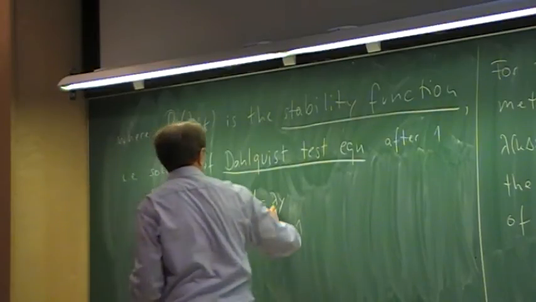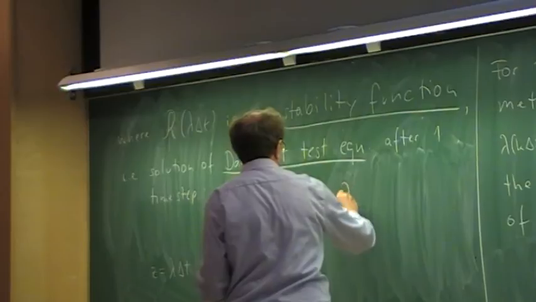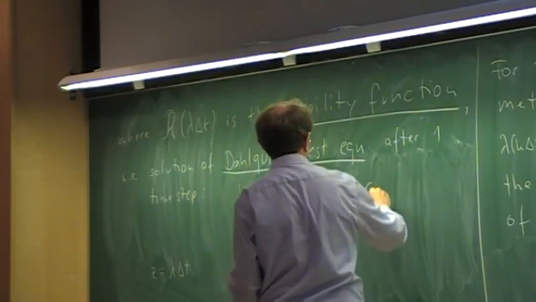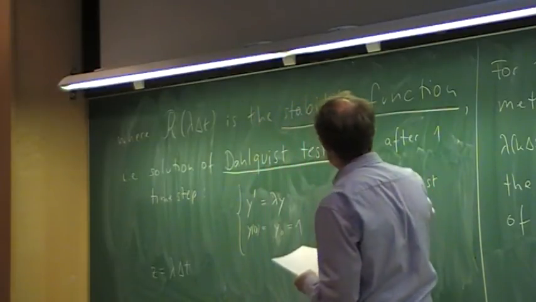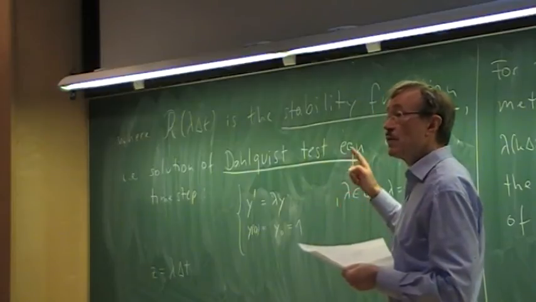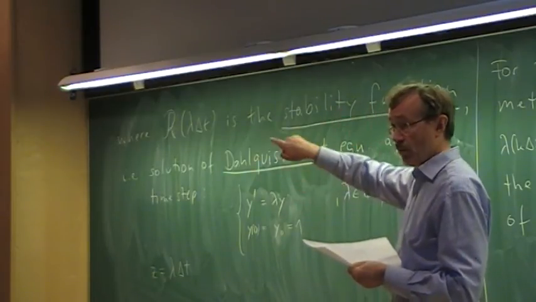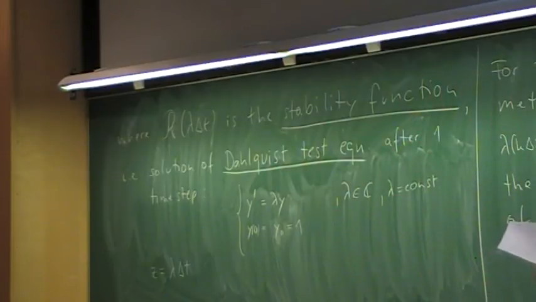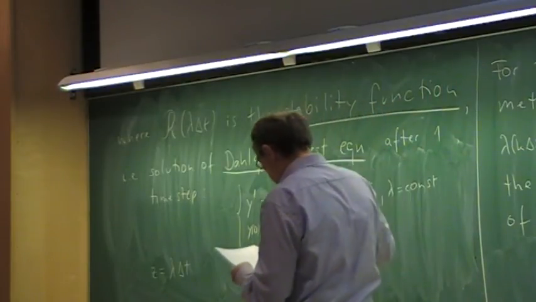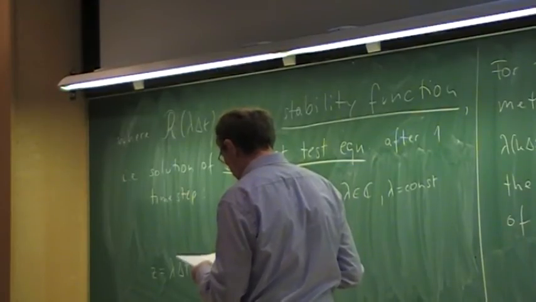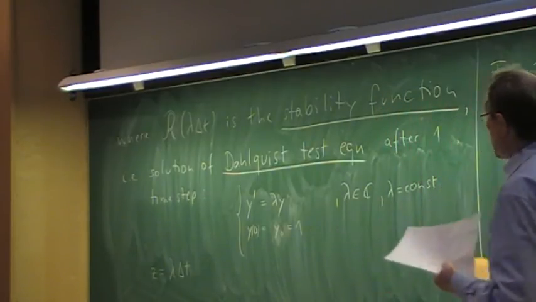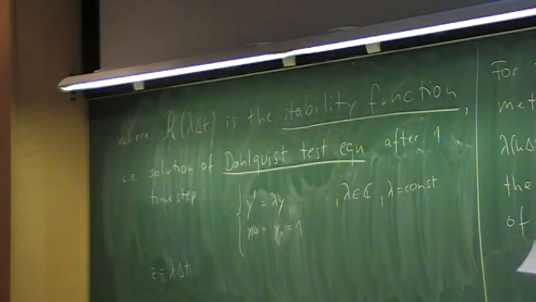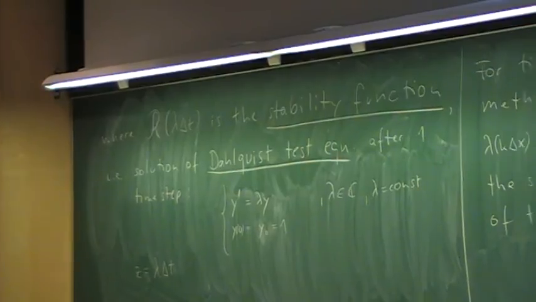Lambda is complex and constant. In our case, lambda is the Fourier symbol that we get from the discretization of our convection diffusion equation. We have seen it before for our example. Now we want to see examples of the stability function, and when we know that, we can check what the stability domain is.